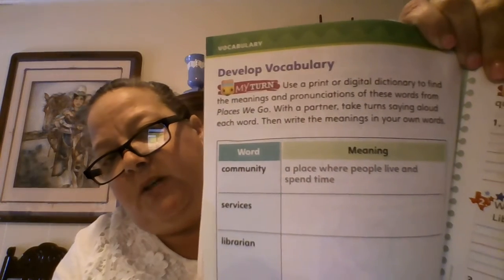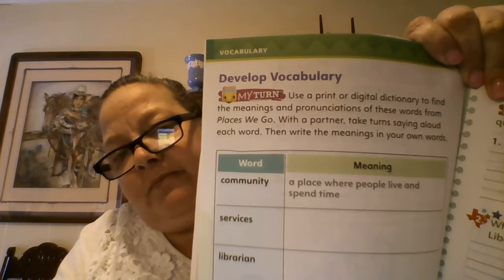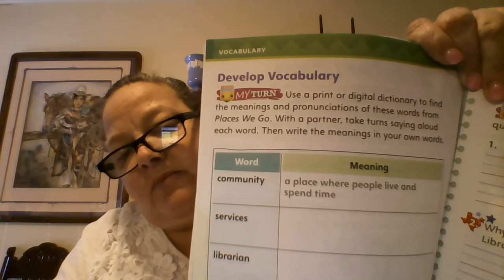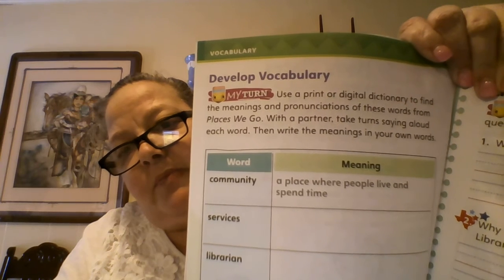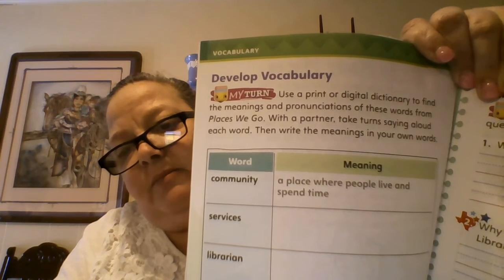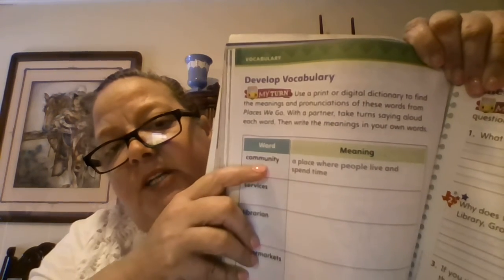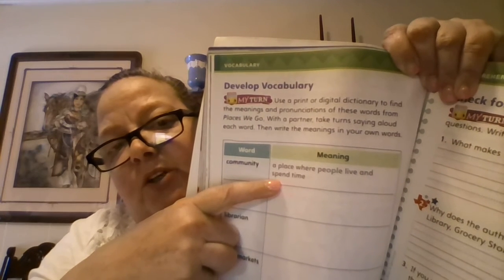So what I want you to do is turn to page 116. It's the end of the story, and it says develop vocabulary. You'll see right here they have community, and then they have the definition already there for you, the meaning of the word.